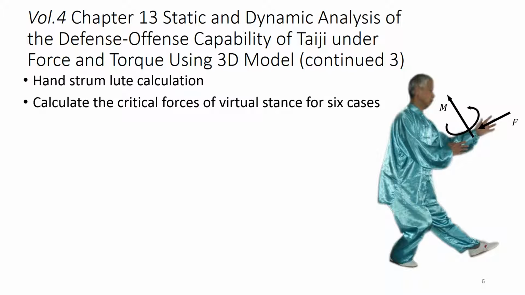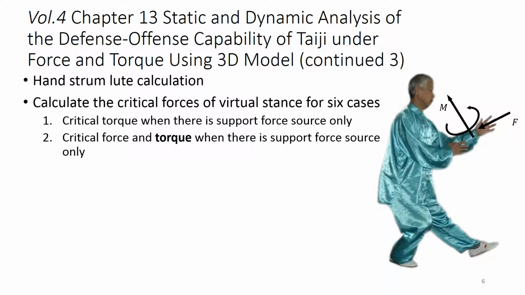Calculate the critical forces of virtual stance for 6 cases. 1. Critical torque when there is supporting force source only. 2. Critical force and torque when there is support force source only.